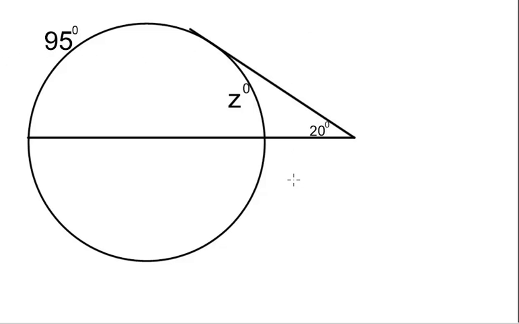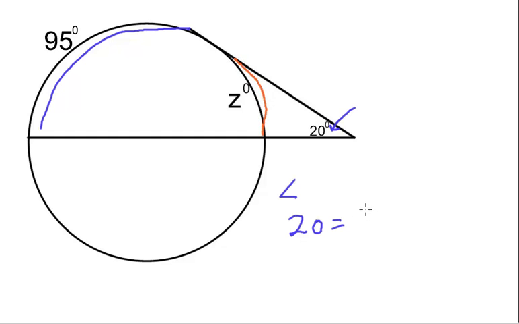What we have is the measure of angle, whatever this angle is, that's 20. So 20 equals the difference between this arc, which is 95, and this arc here, which is z.